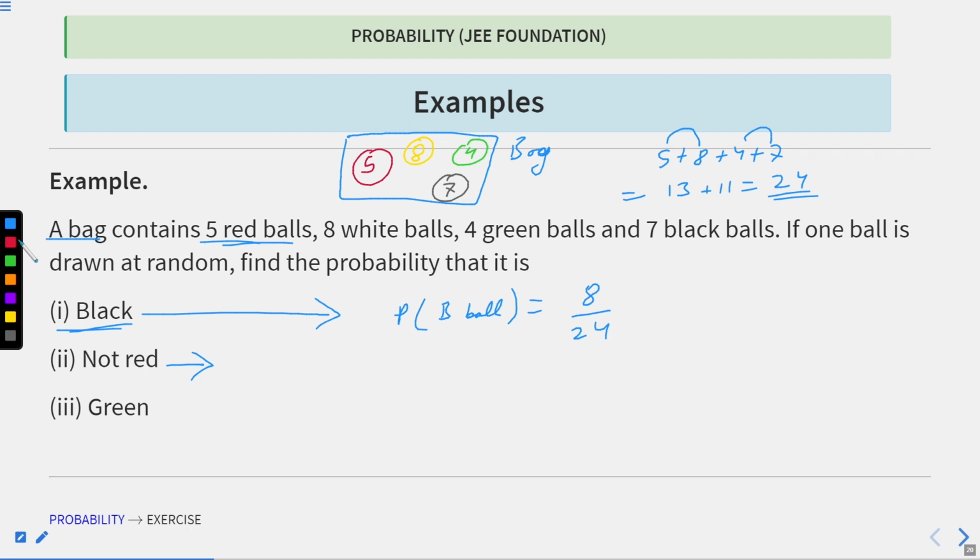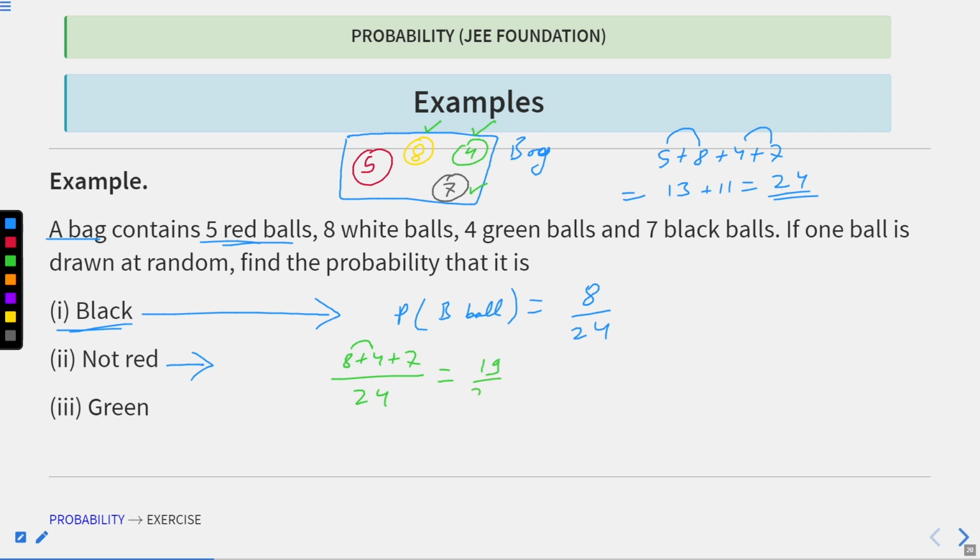Not red means I am getting either a white, green, or black ball. So in total the favorable number of outcomes is 8 plus 4 plus 7 divided by 24, which is 12, and 12 plus 7 gives me 19.